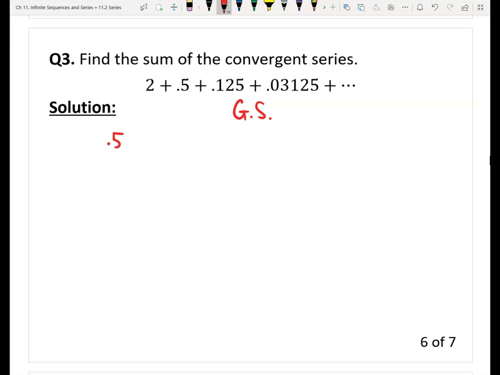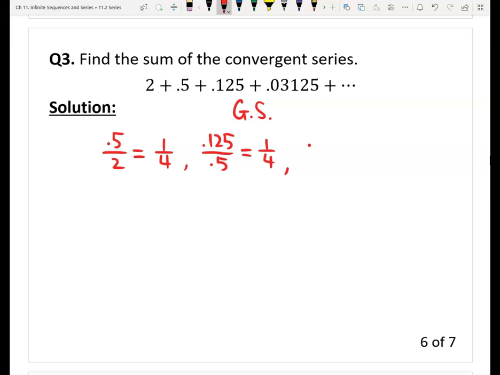I use a2 over a1. What is this? 1/4. Okay, of course we found it. The same, I use a3 over the previous term, a2. So we can do the calculation. See, you find it is still 1/4.